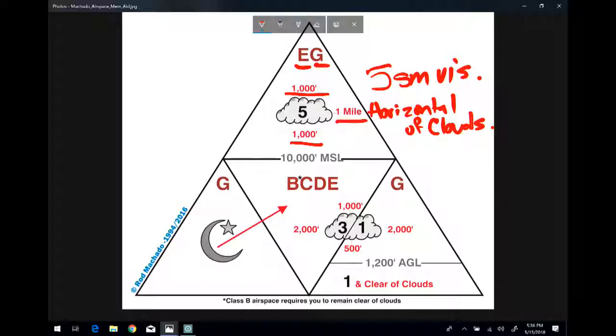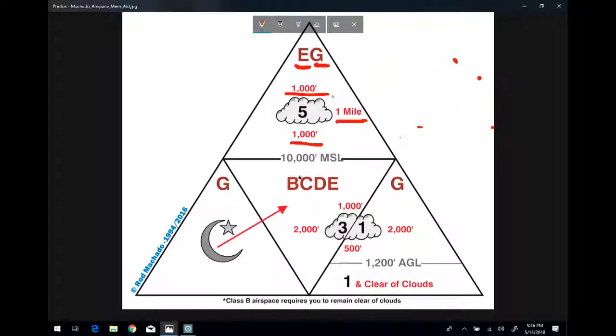Now, directly below that, below 10,000 feet MSL, it's a little different.